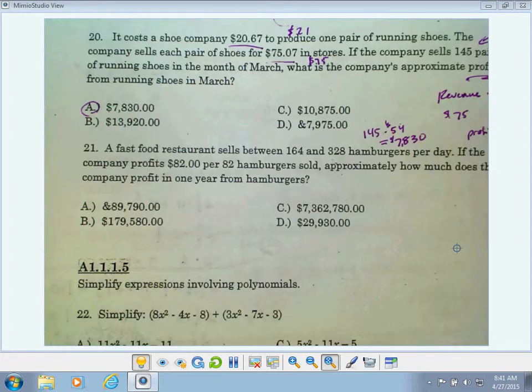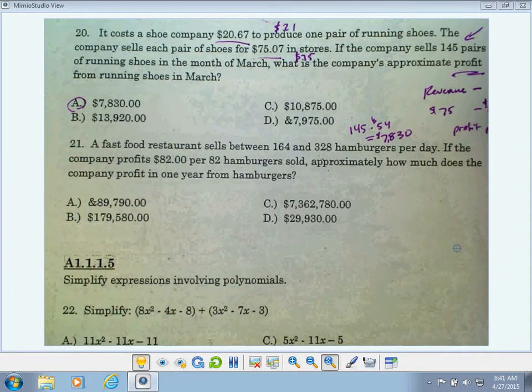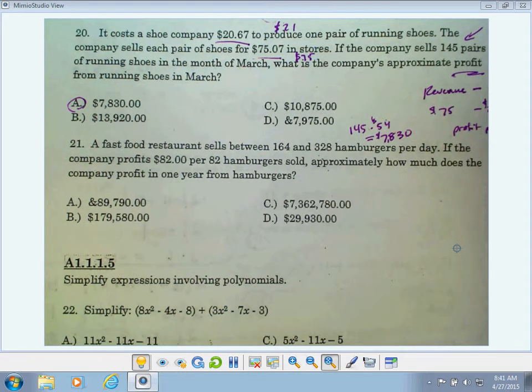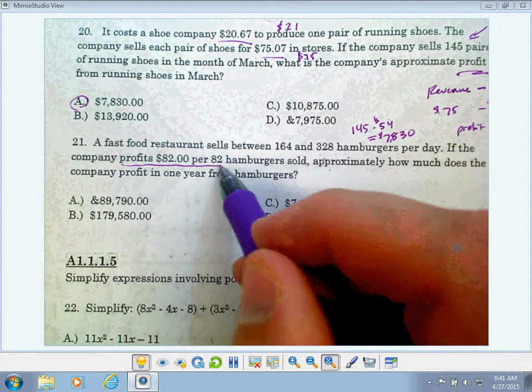Alright, number 21 says a fast food restaurant sells between 164 and 328 hamburgers per day. If the company profits $82 per 82 hamburgers sold, approximately how much does the company profit in 1 year from hamburgers? Wow, that's a lot. Okay, so I look at it like this. I see profit of $82 per 82 hamburgers.